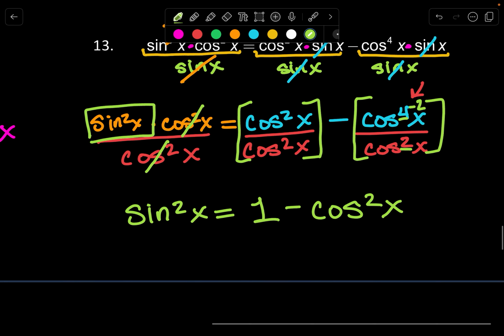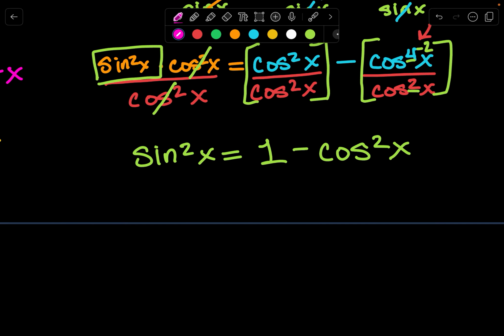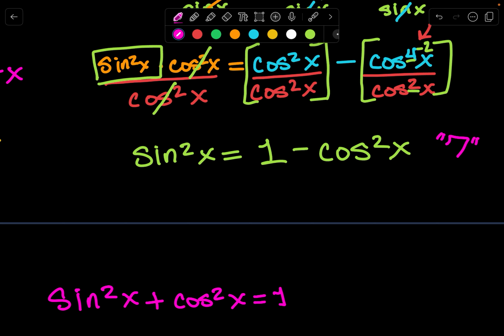All right, we're really getting somewhere now. This looks a lot like one of the Pythagorean identities. If you start with your original, sine squared x plus cosine squared x equals 1. Right here I've got 1 minus cosine squared x.